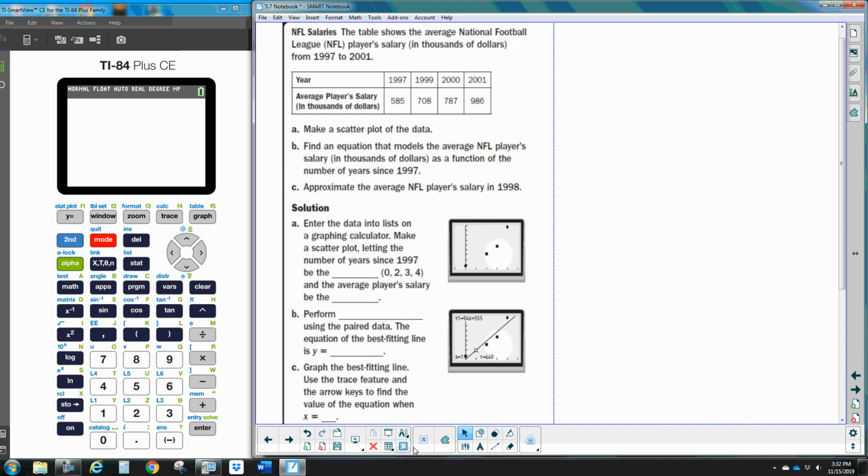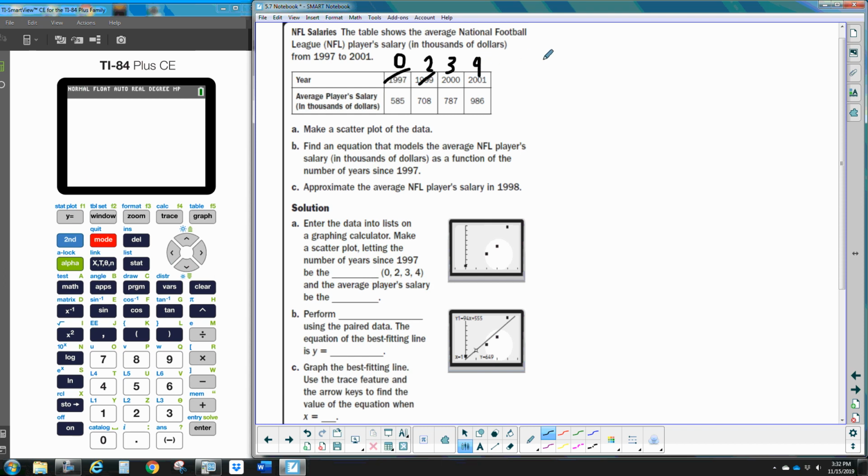So I'm not going to use the x value of 1997, I'm going to call this 0. Okay, so this is 0 years since 1997. 1999, that would be 2 years since 1997, 3 years, and 4 years.